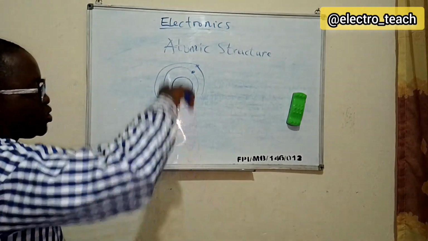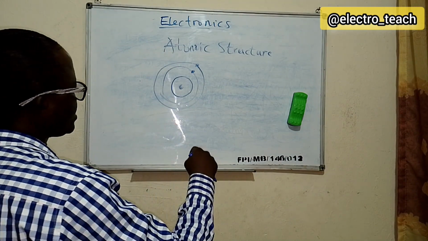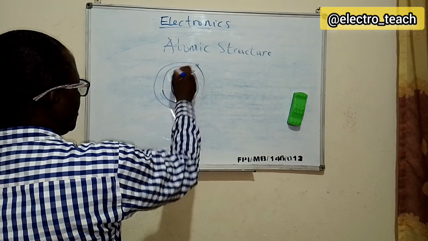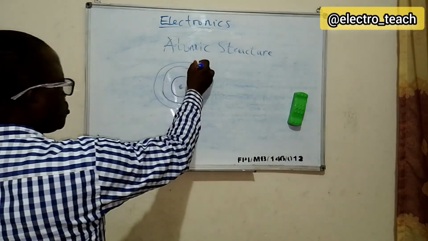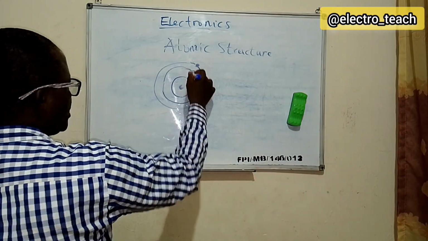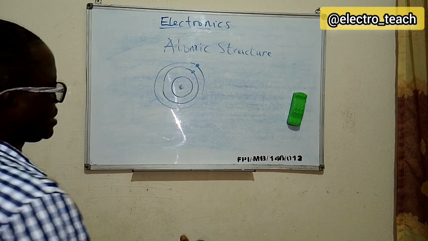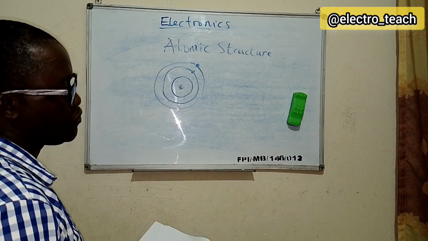And so the outermost shell electron has the weakest bonding, or the weakest force of attraction between itself and the nucleus. And so that is why the outermost electrons that are farther away can easily break away, especially in materials such as metal, and form free electrons that convey free flow of electricity.